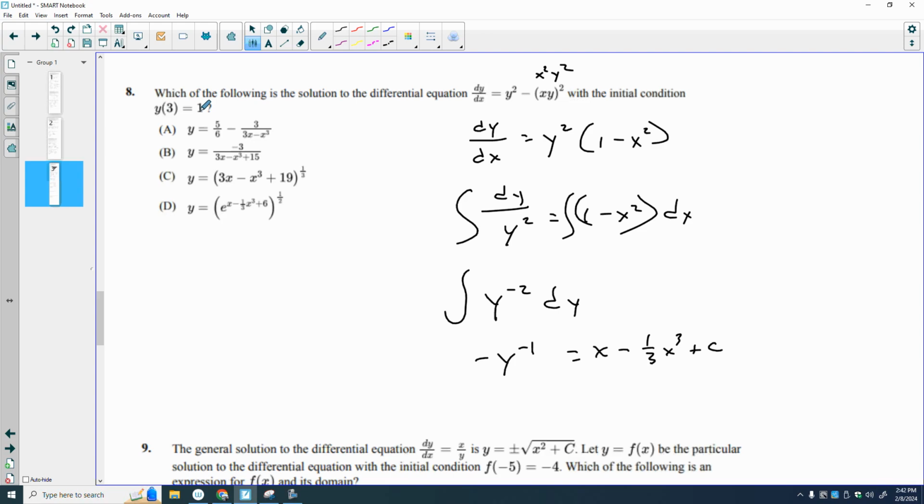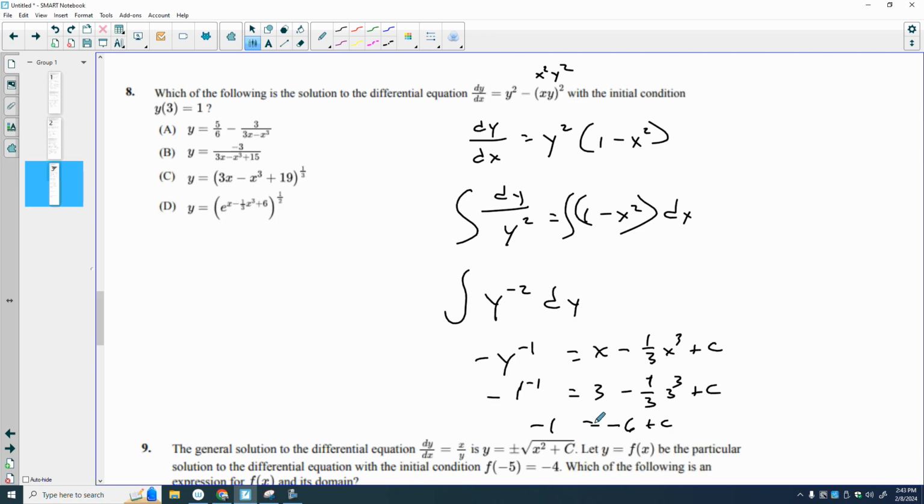Grab my initial condition that x is 3, y is 1. This becomes a negative 1 to the negative 1 power equals 3 minus 1/3, 3 cubed plus c. 3 cubed is 27, 1/3 of 27 is 9. 3 minus 9 is a -6. 1 to the -1 power is 1, because that's just 1 over 1.